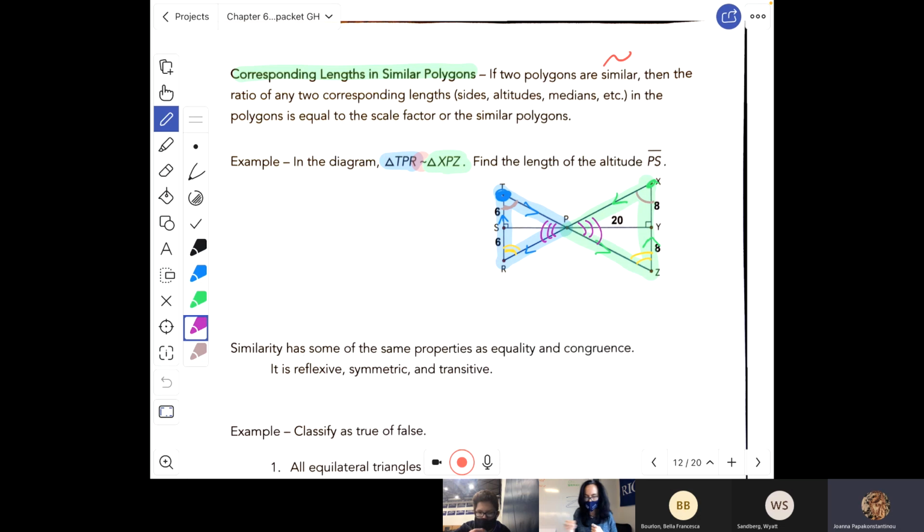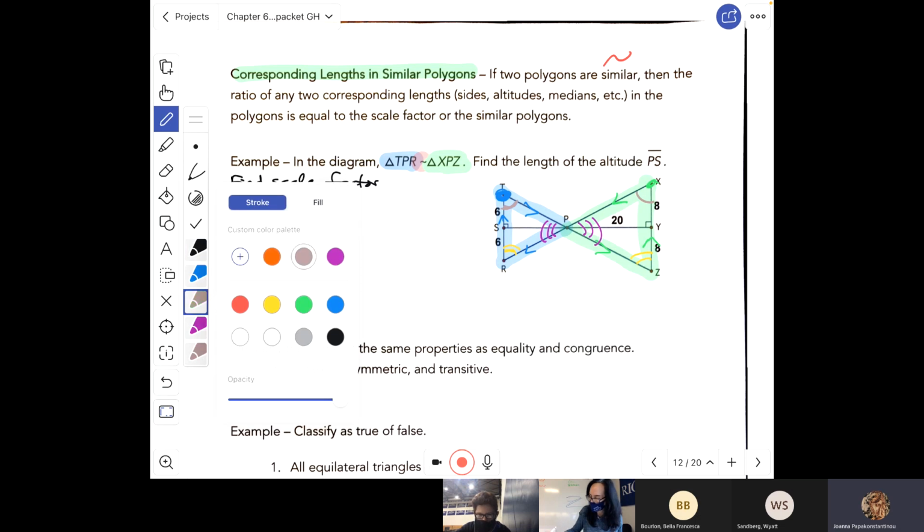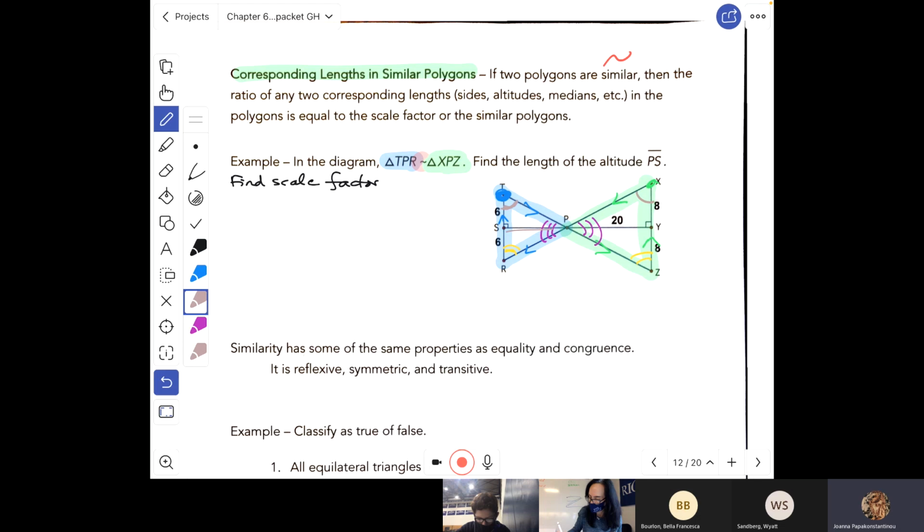Okay. So I know a lot of information. The first thing I want to do is find the scale factor, because ultimately, I want to find this.